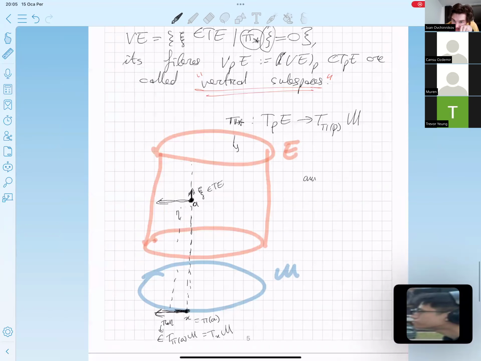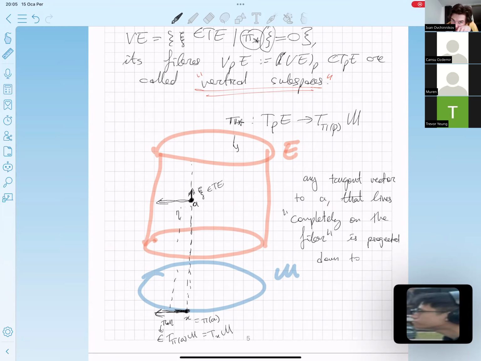So any tangent vector to A that lives completely on the fiber is projected down to 0.